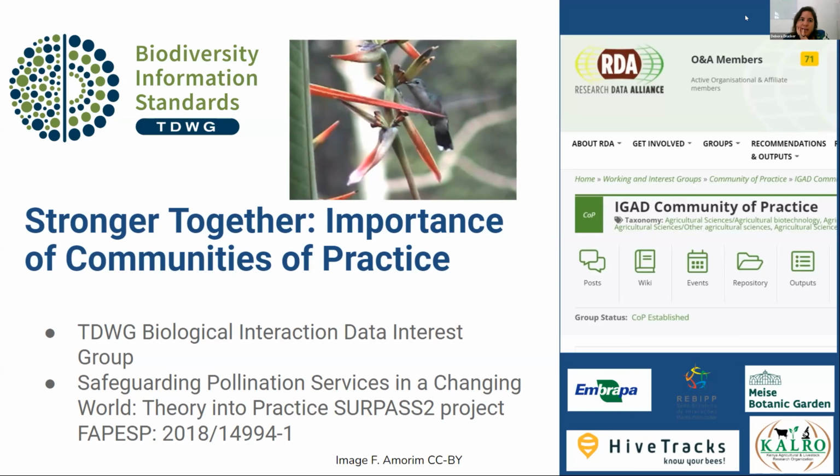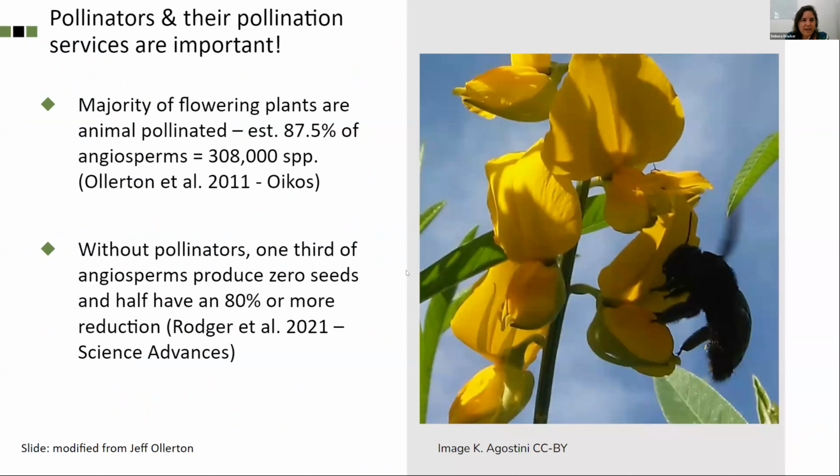And we have many other partners worldwide. We have, as an example, Jeff Ollerton here, who is a researcher in plant pollinator interactions. We have the Brazilian network on plant pollinator interactions data, and I will talk a little bit more about them in a while. And also I'm reusing some of their slides.